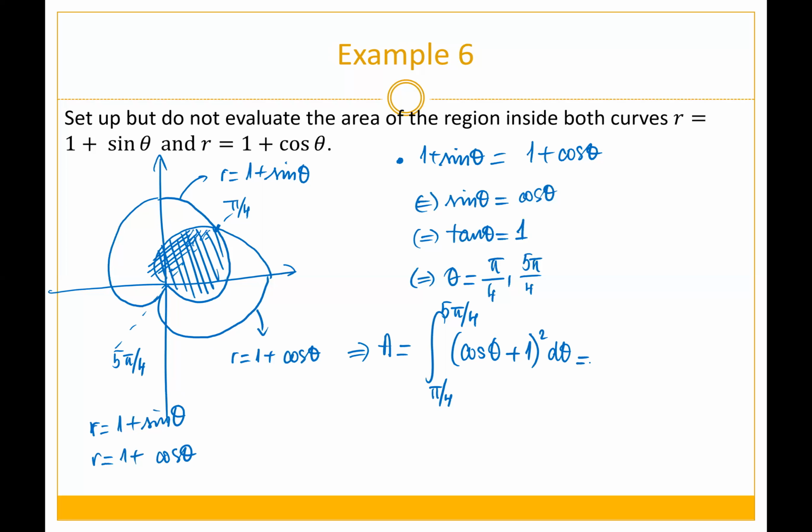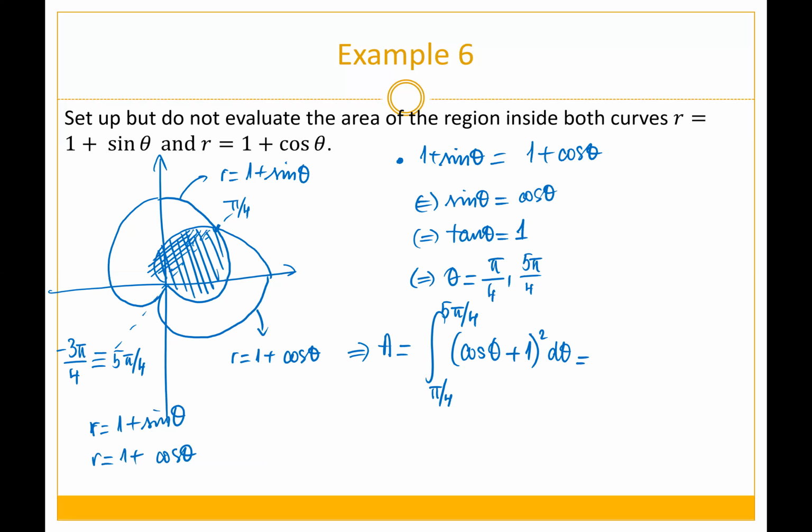Or if you want to find the one that's by sine, then you can set up the other one. But the other one is not going to start from 5 pi over 4 to pi over 4, it has to go from a smaller angle. So remember our angle is going to equal negative 3 pi over 4.